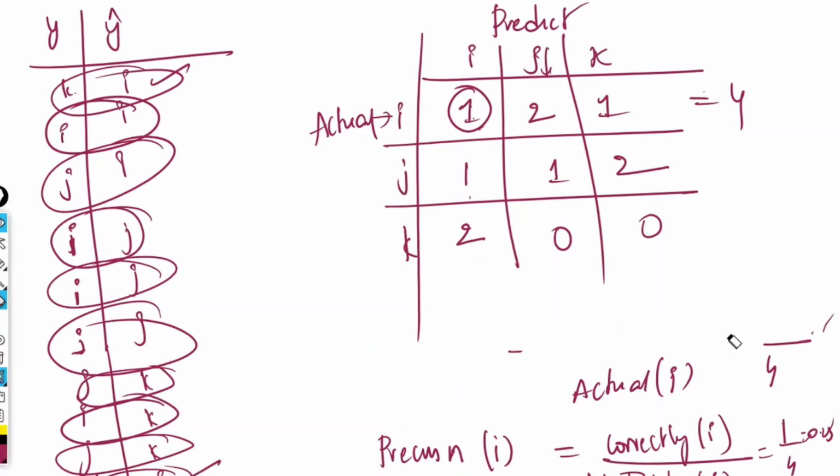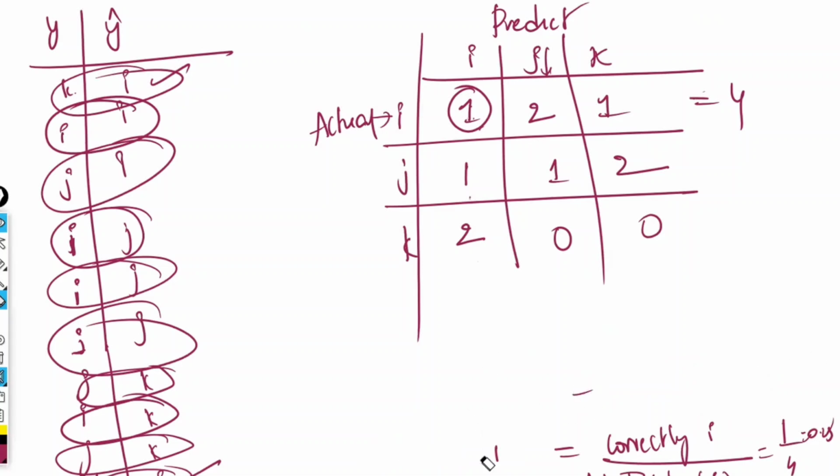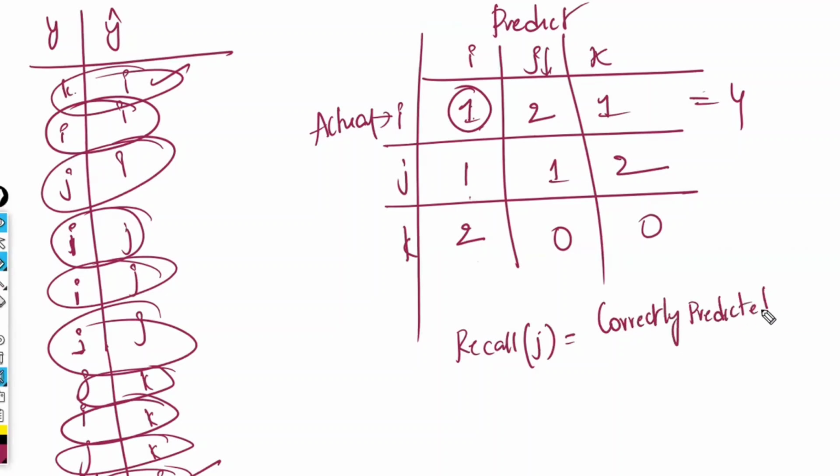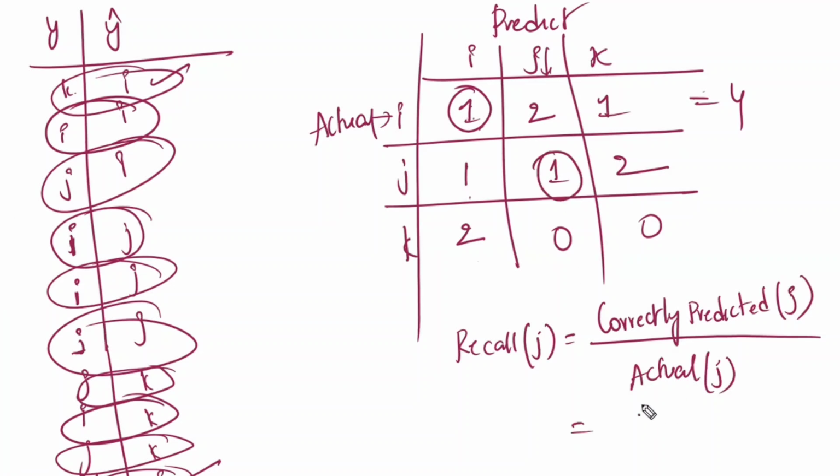Now recall of J. What is the meaning of recall of J? Correctly predicted J's divided by actual J's. Correctly predicted is only 1, because this is actual J and predicted also J, only 1 record is there.